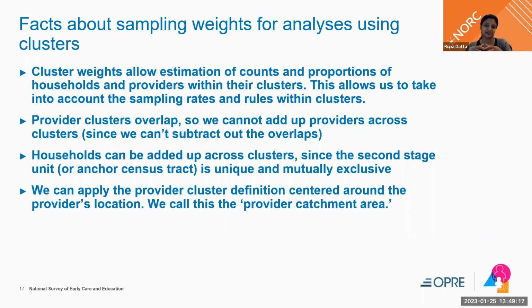You take a central tract, you draw a blue circle around it, you take all of the tracts that lie within that blue circle, and you have this larger cluster of census tracts. We call that the provider catchment area. So that would be a cluster with the provider at the center. The provider cluster has the households at the center. The provider catchment area has the provider at the center.